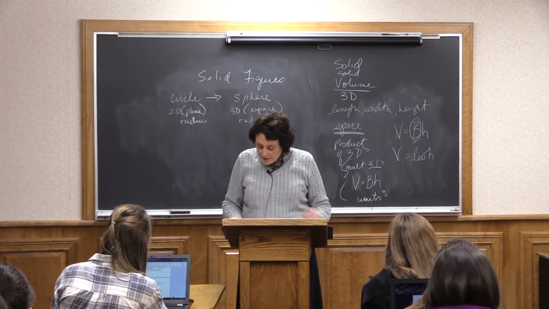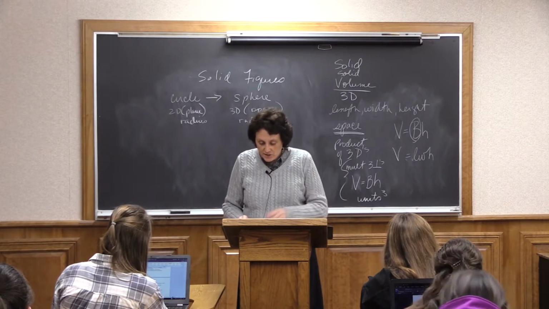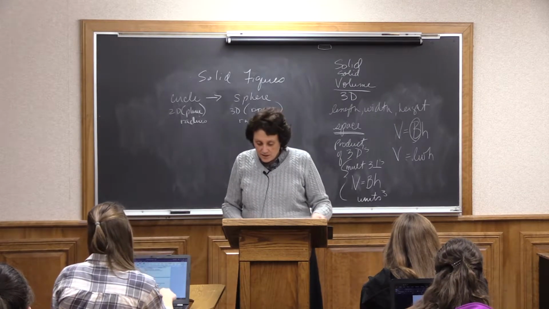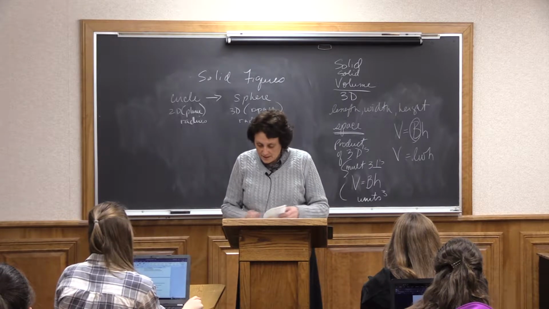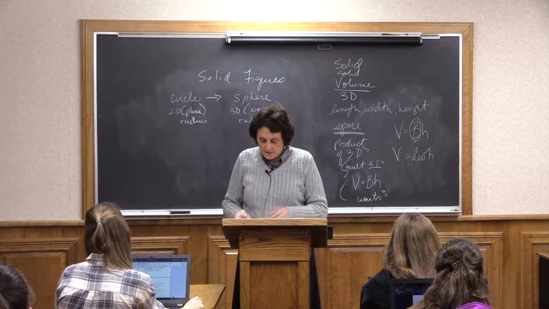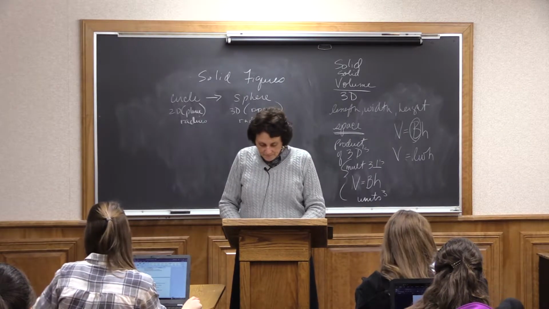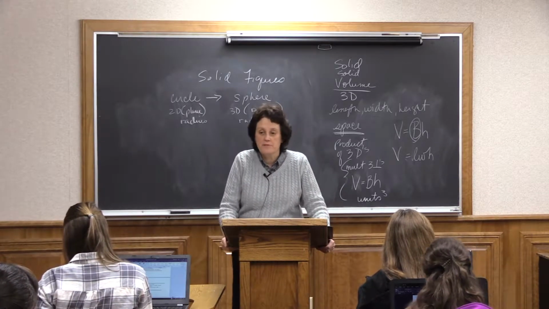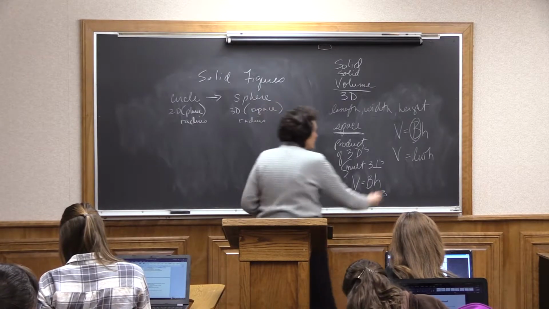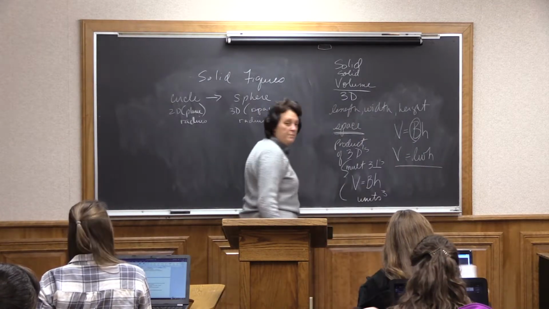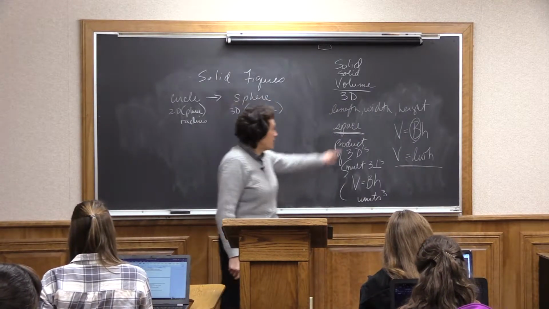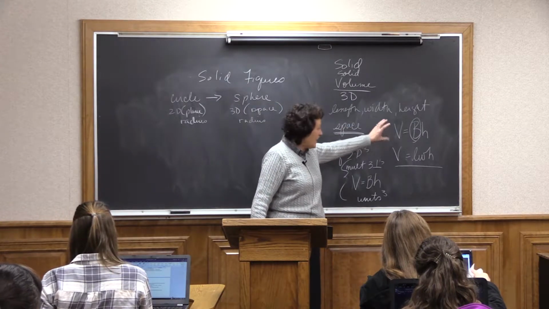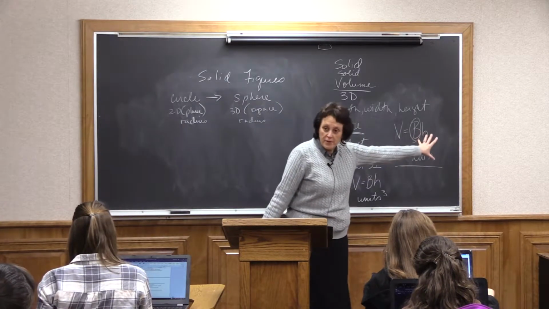So if we look at volume, this is section 12.4 in your textbook. This textbook approaches volume separately from area, and this textbook takes the multiply 3 dimensions approach, rather than the approach of just taking area 1 step further.